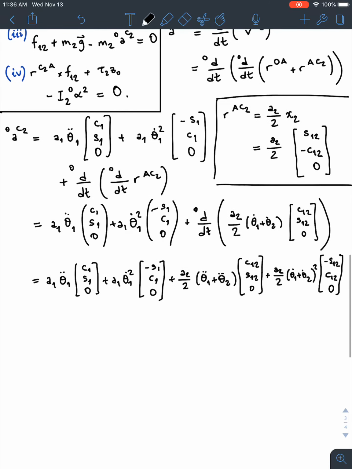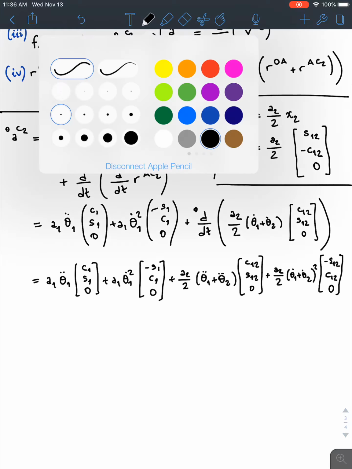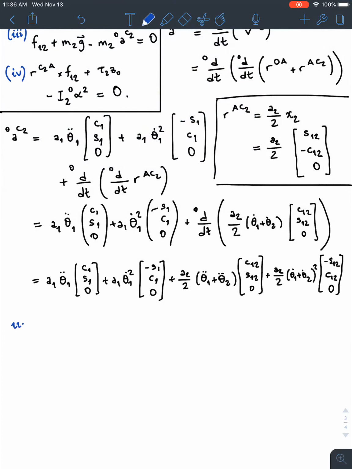Yeah, so to write equation 3 in terms of coordinates, I just go ahead and jot down all the components. So f12 we said was f12x, f12y, 0. Gravitational forcing is m2 times 0, minus g, 0.